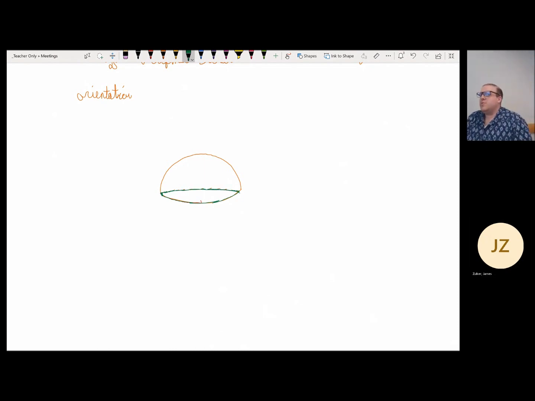That would be the boundary of our surface of the hemisphere. The orientation of that boundary is the direction you'd have to walk on it, such that when you extend your right hand, it points in the same direction as the normal vectors.